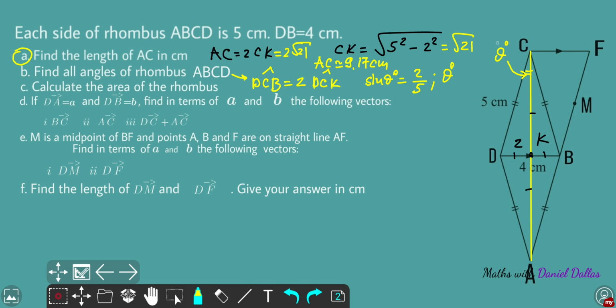So angle theta is sine minus 1 of 2 over 5.